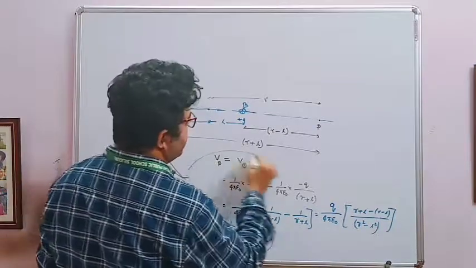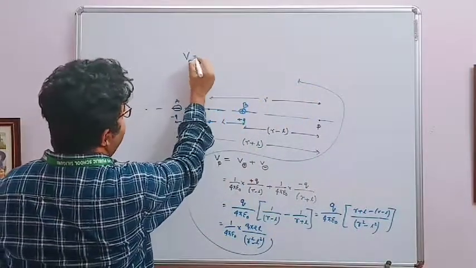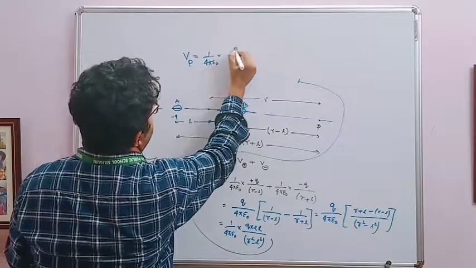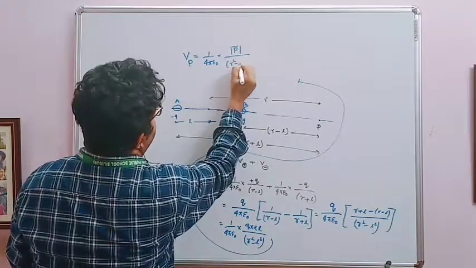So the potential at P, at the axial position, is 1 by 4 pi epsilon naught times P by r square minus L square.